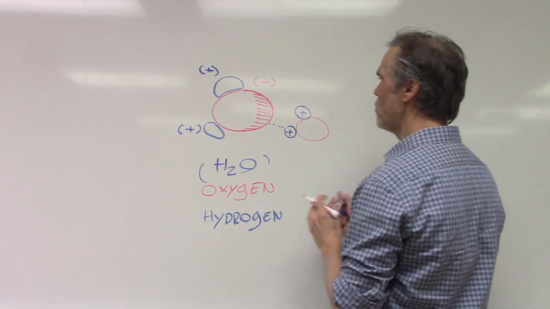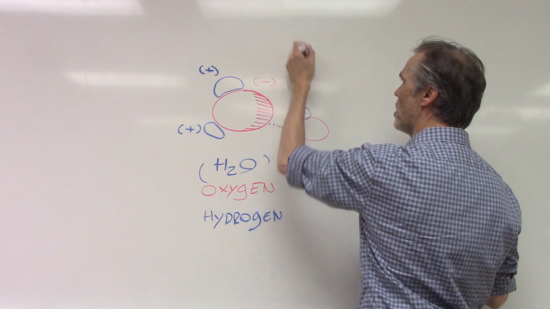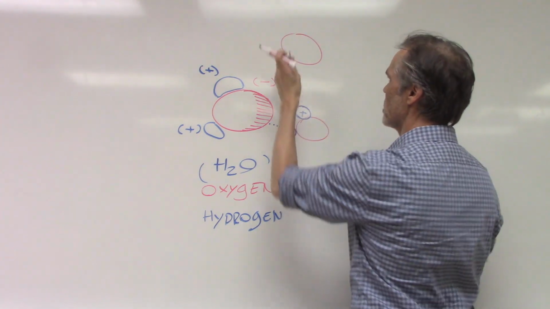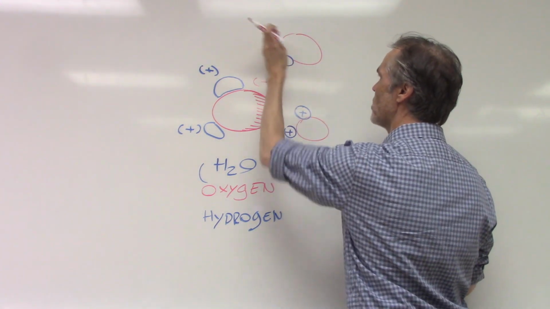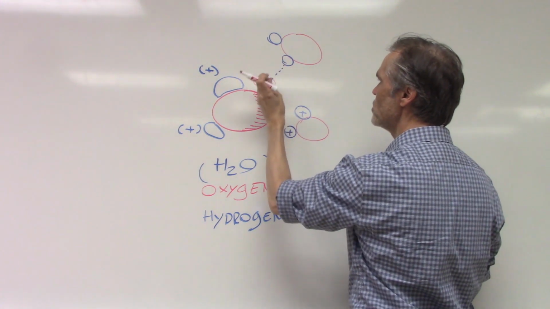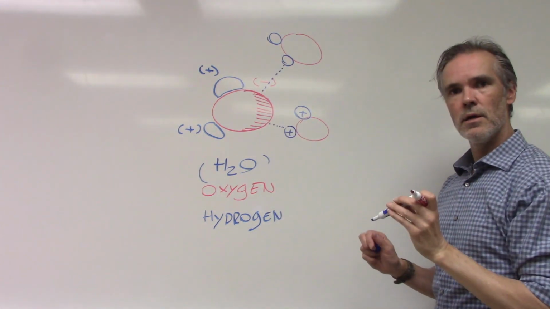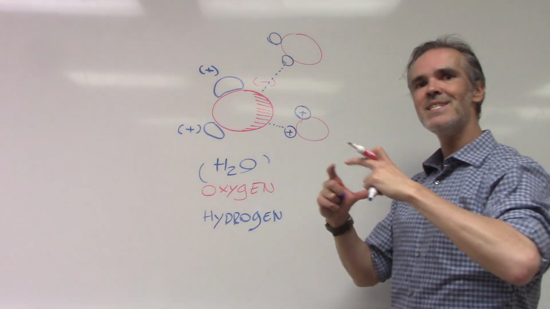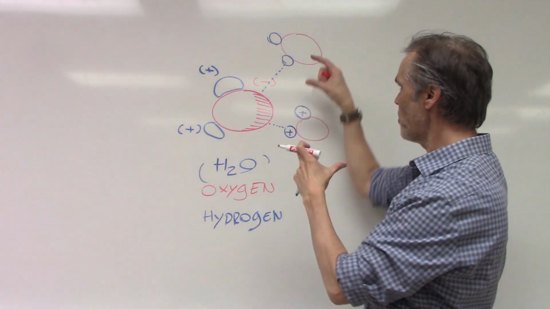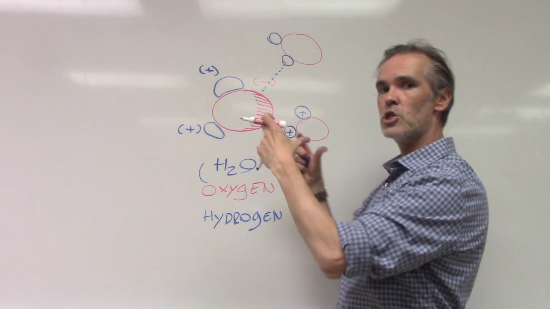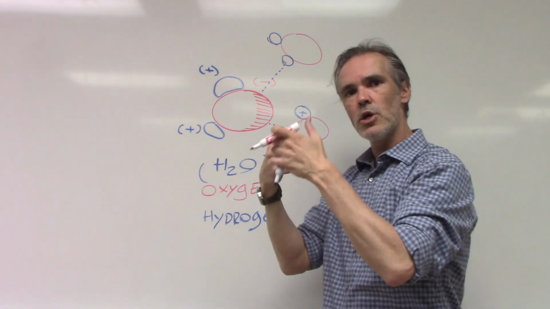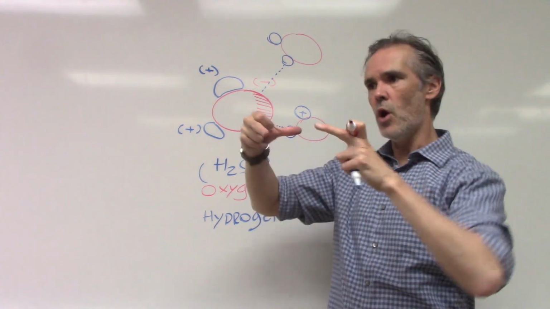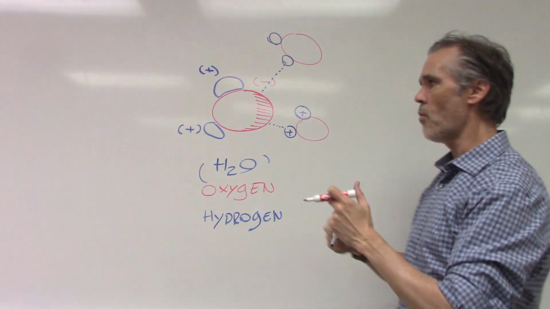And then it will be possible for another molecule of water again, this one and this one, to have another bond right here, right? It's not a real bond, it's an interaction. They're positive and negative. They are attracted to one another. Doesn't mean they're going to stick together, but they will organize themselves in some way.